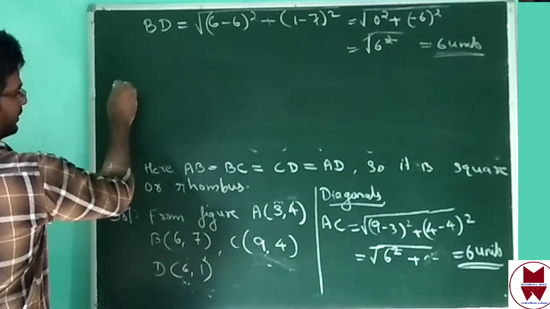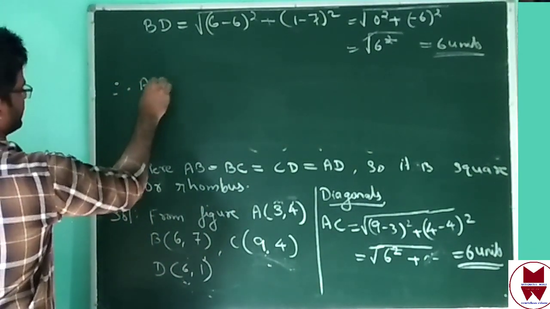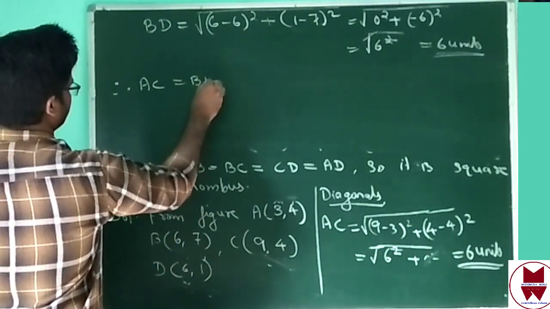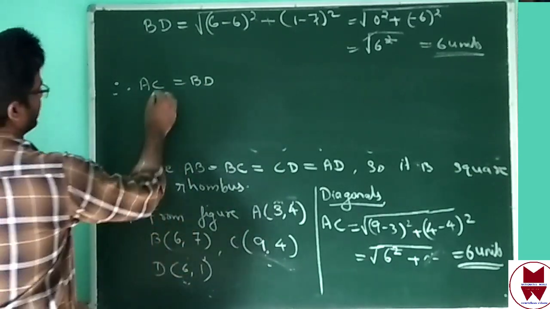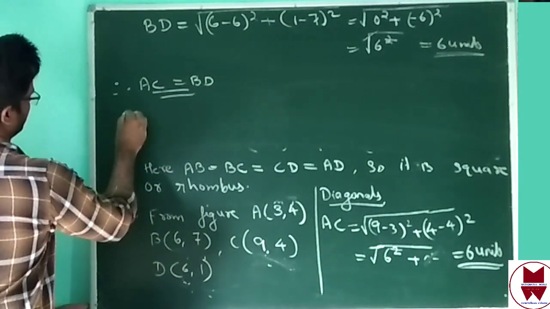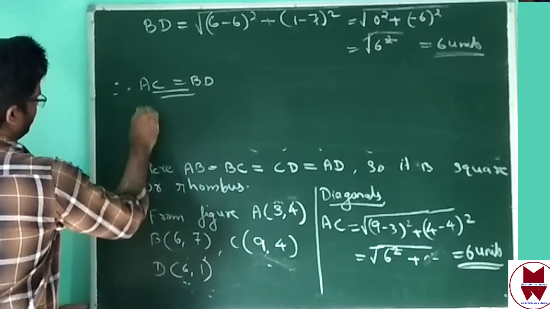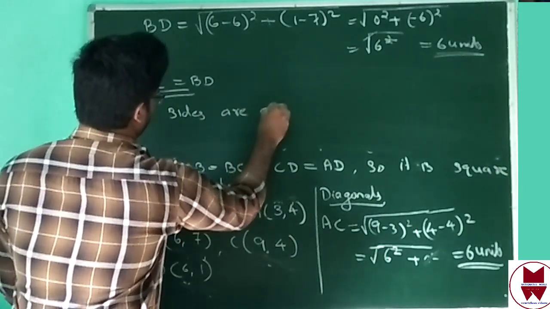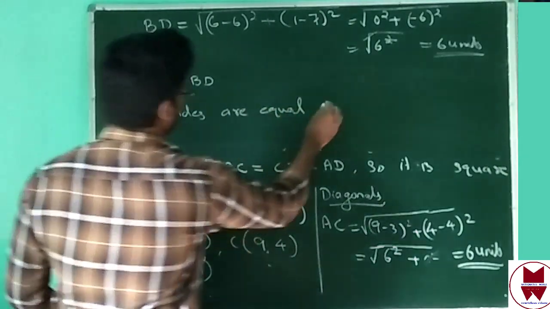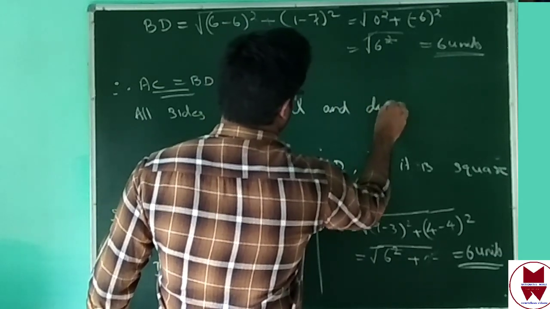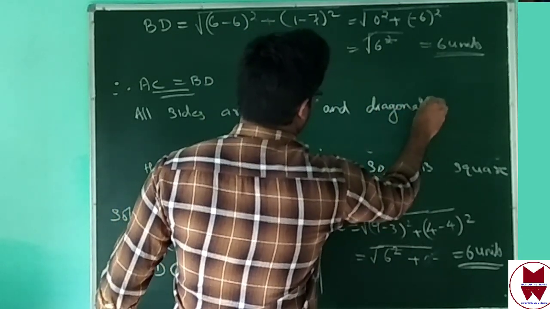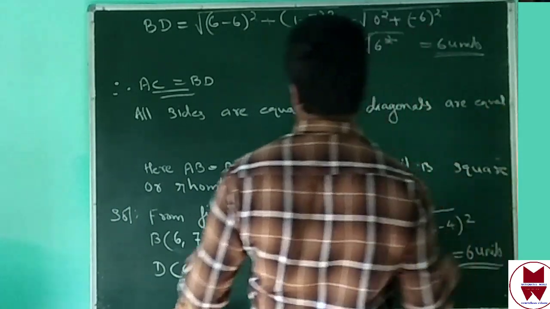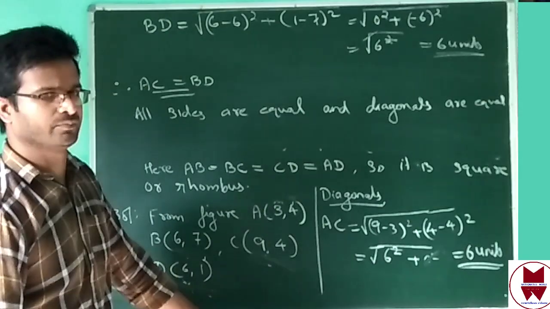Then we can write, therefore AC first diagonal, AC 6 units, then BD second diagonal equal, isn't it? All sides are equal and diagonals are equal, both.